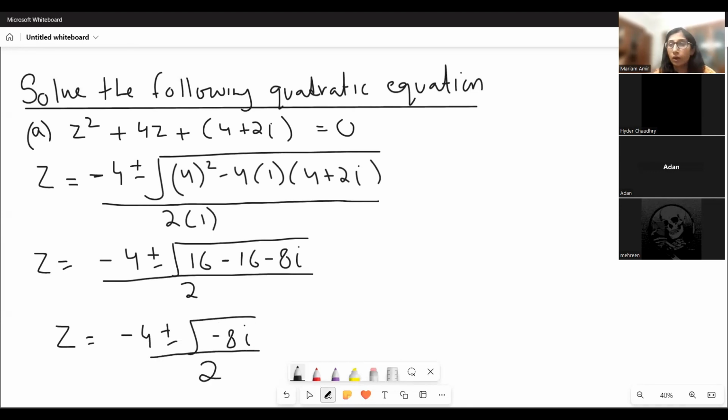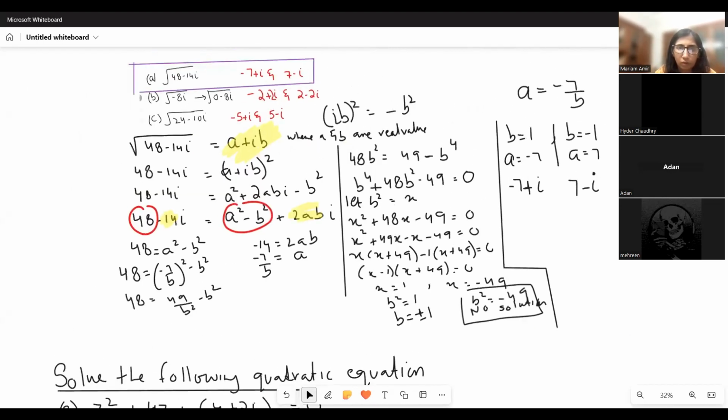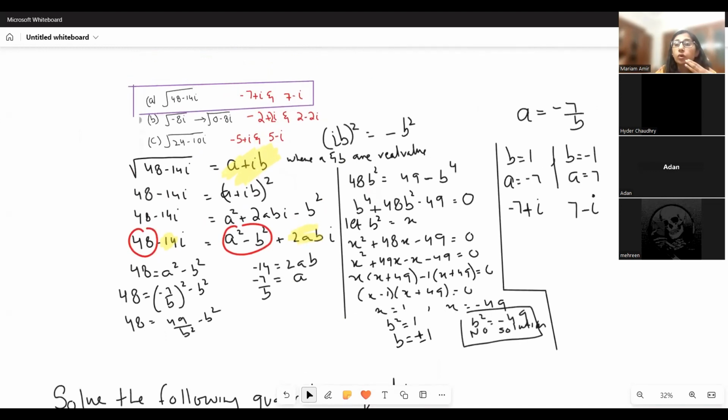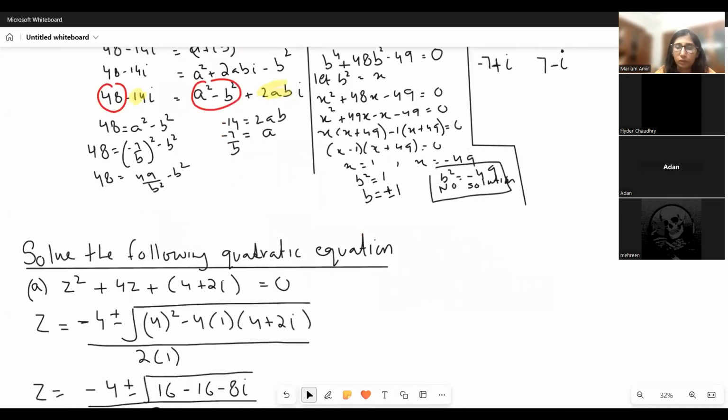Okay. So now we can't move forward unless we find this first. And we've already found this yesterday. It was a homework question. We're not doing that again, but we know the answer of square root of minus 8 iota. That is minus 2 plus 2 iota and 2 minus 2 iota.